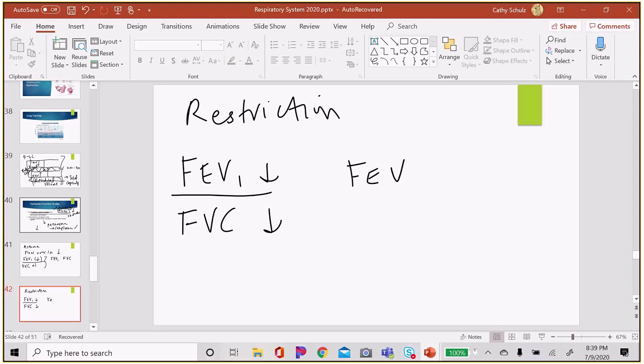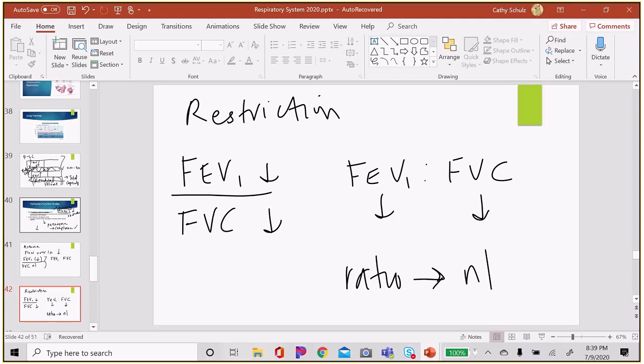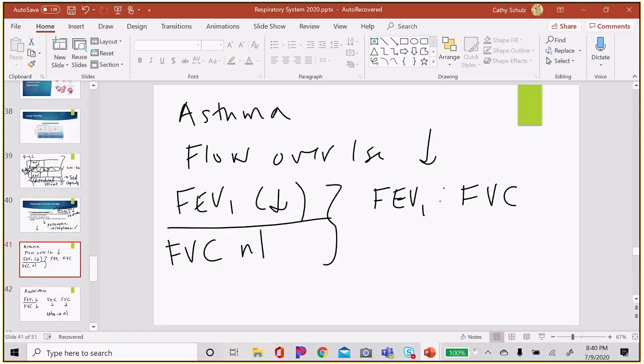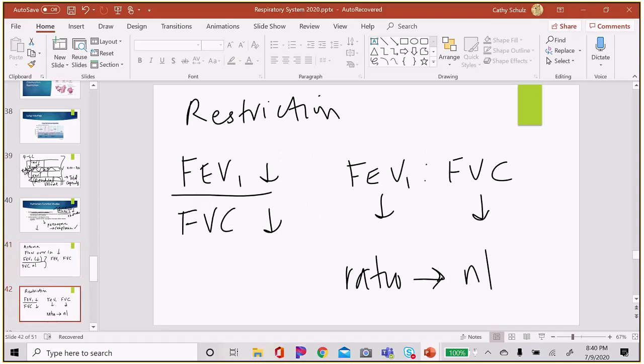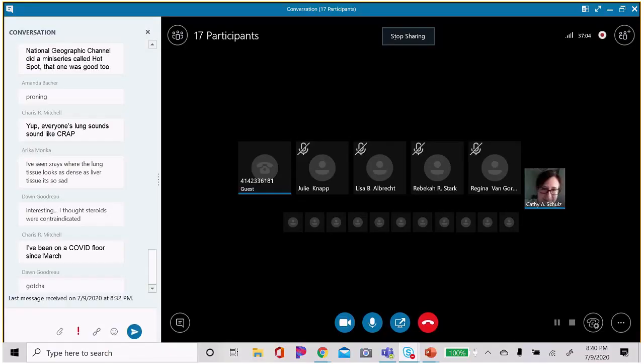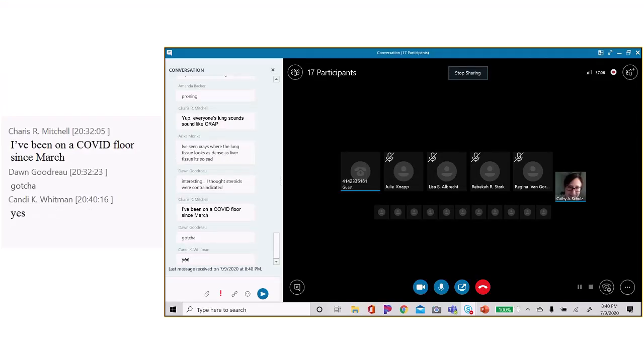And so the ratio of forced expiratory volume to forced vital capacity, even though both of these numbers are lower than normal, might be normal because I've still kept the same balance. I'm just lower together as opposed to only one side being lower. Does that make sense? It might be something you have to chew on for a little bit.